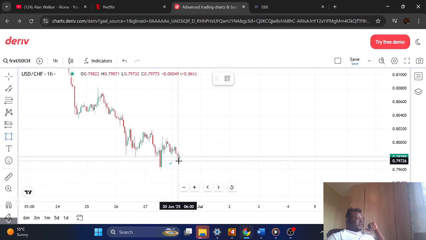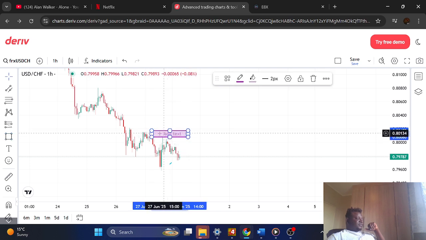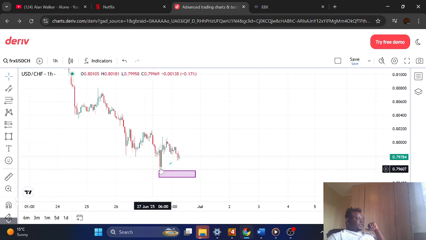What this theory teaches you is that the distance left here, the distance it couldn't cover here, should be the same distance it covers here. So what you're expecting is for the market to fall from where it is and touch the end of this box. That could be your first way of taking the trade.